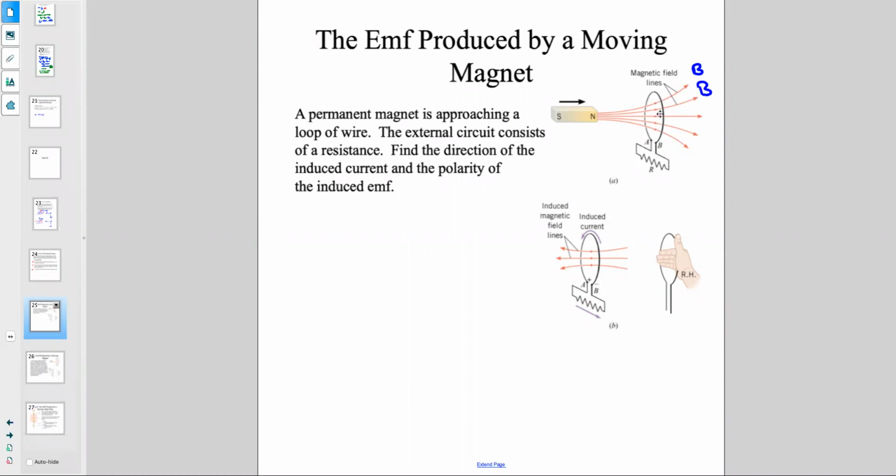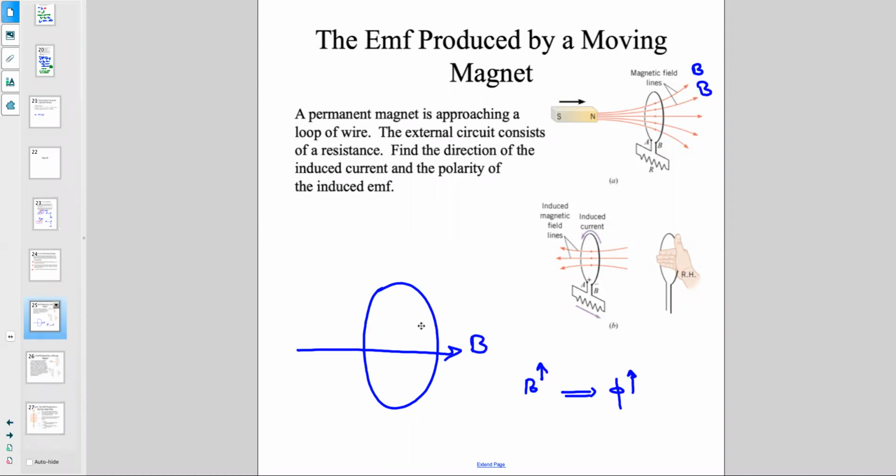I have a B field in this direction, and this B field is going up, getting stronger. This means that the flux is going up. The number of B lines, or magnetic lines, going through this area is increasing. So the flux is increasing, okay?